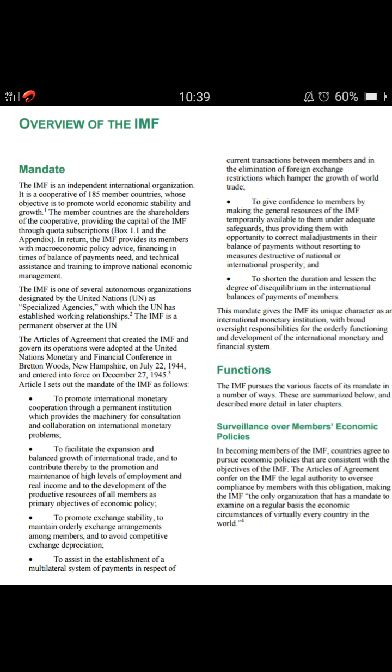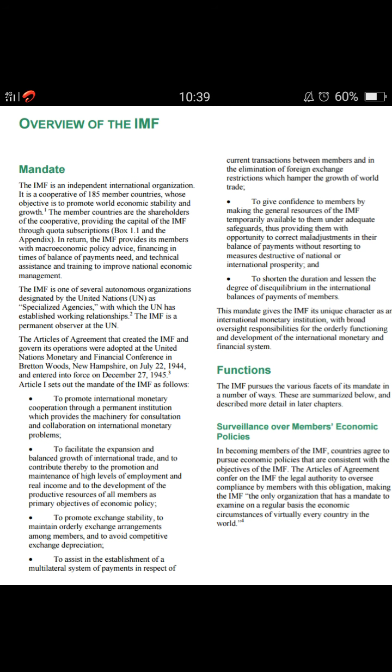In the present video lecture, which is represented by 2 slides, is about IMF, which is also one of the important international financial institutions. The full form of IMF is International Monetary Fund.